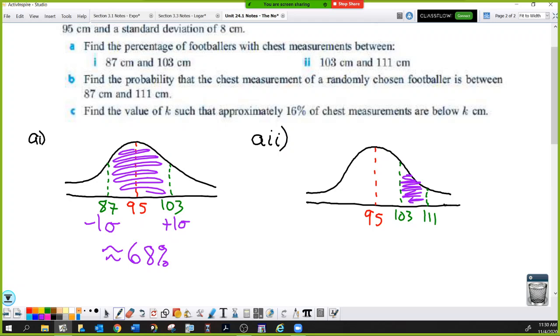It is still plus 1 standard deviation, so that's plus 1 sigma. And then 111 is actually plus 2 sigmas. So we just need to know, according to the classic numbers, how much falls right there.